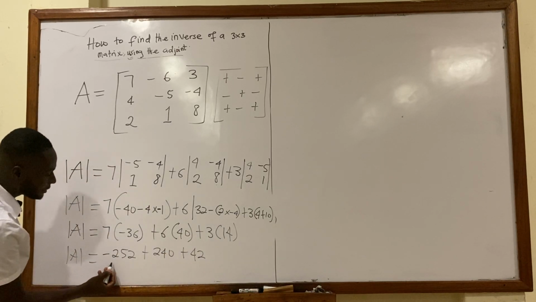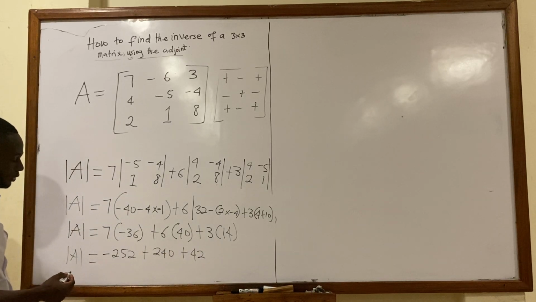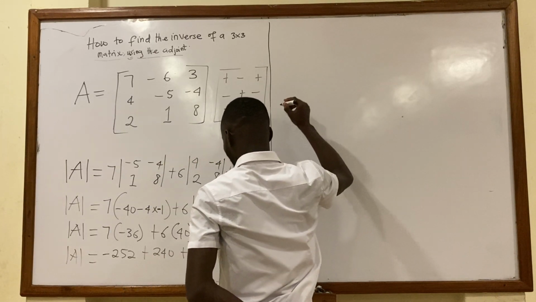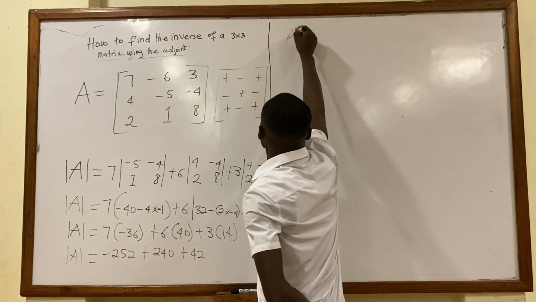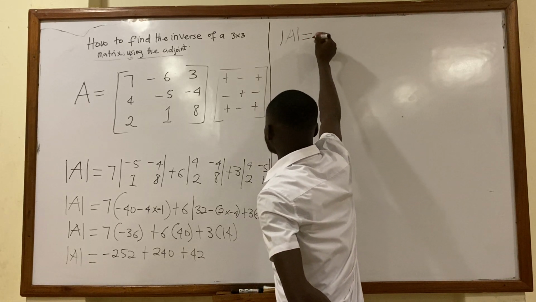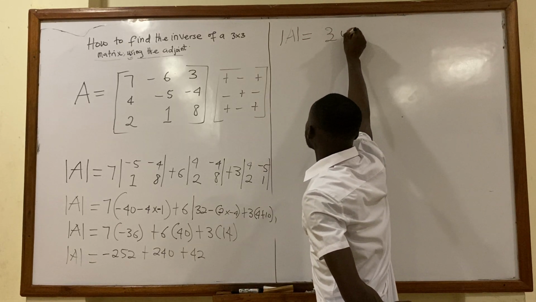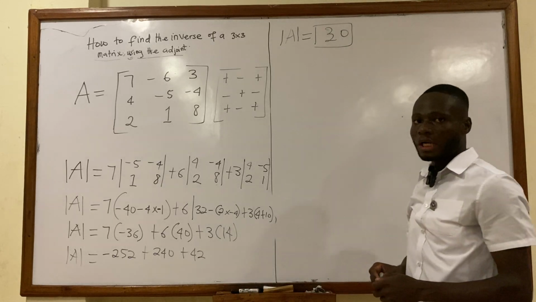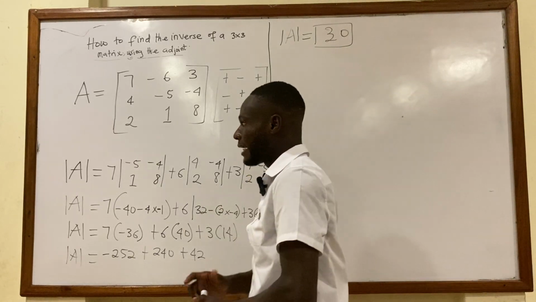When you sum up these numbers, we have the determinant of A as 30.